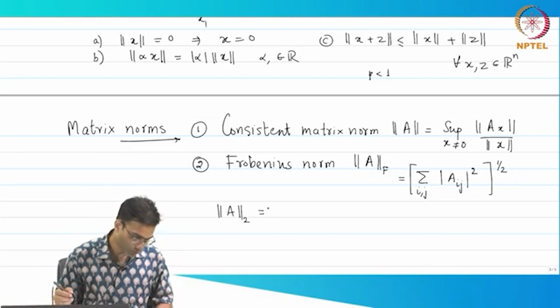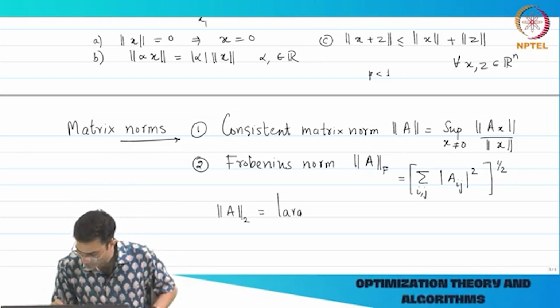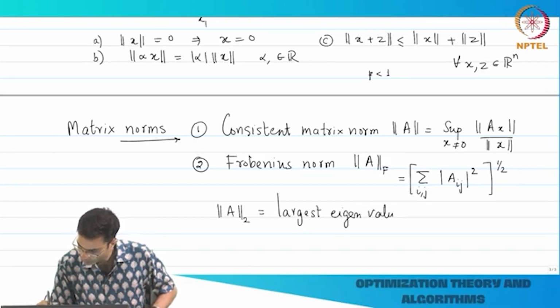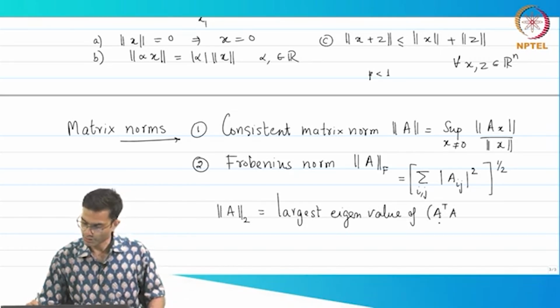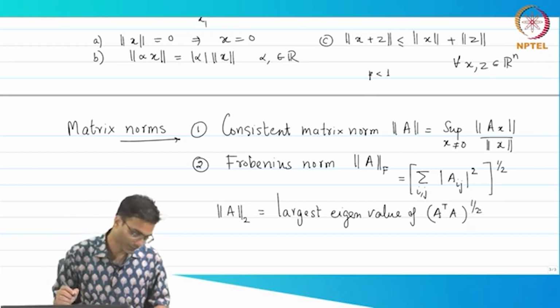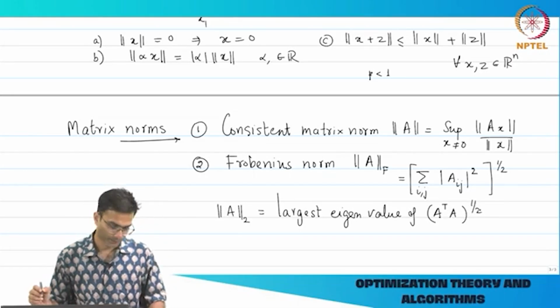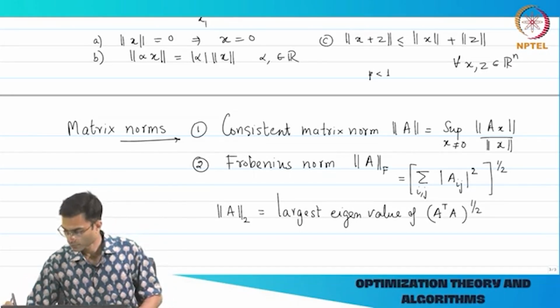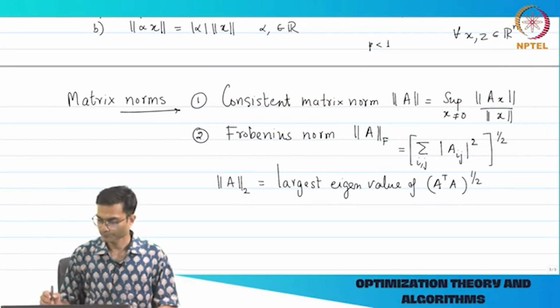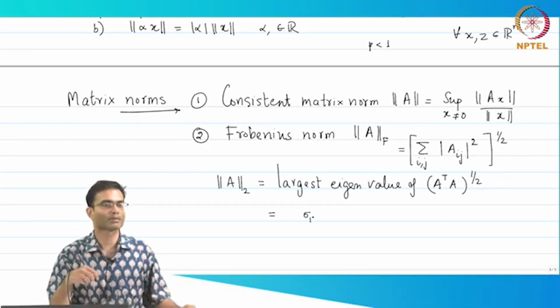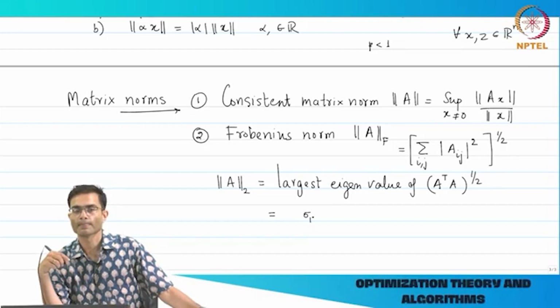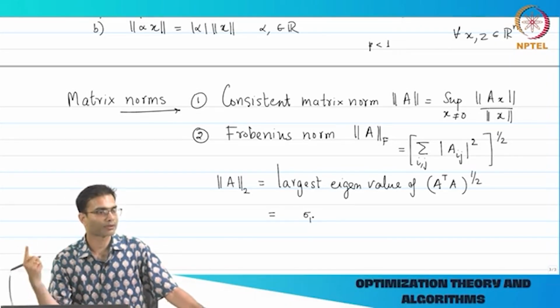So this is the largest eigenvalue of A transpose A to the power half, which is also going to be equal to sigma 1. Sigma 1 denotes the largest singular value of a matrix.